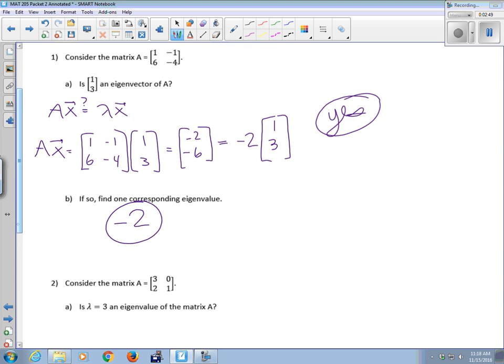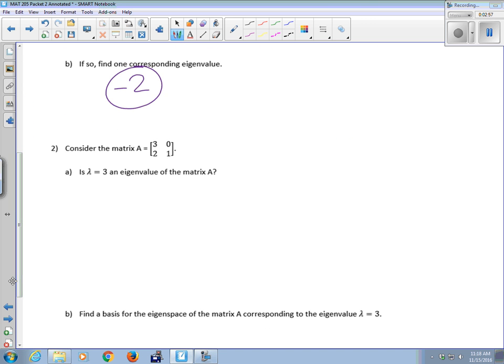I could ask the question in a different order. In this one, I gave you a vector and asked, is it an eigenvector? Now I'm going to give you a scalar and ask, is it an eigenvalue? So we do the same thing. Does Ax equal 3x? Ax equals lambda x is the definition of eigenvalue and eigenvector.